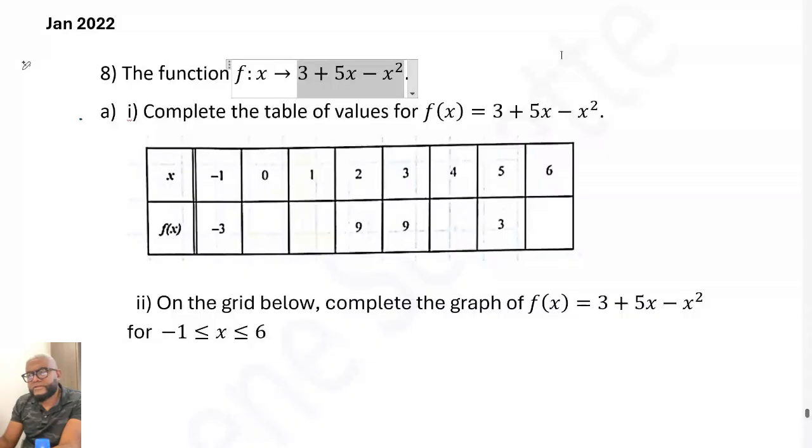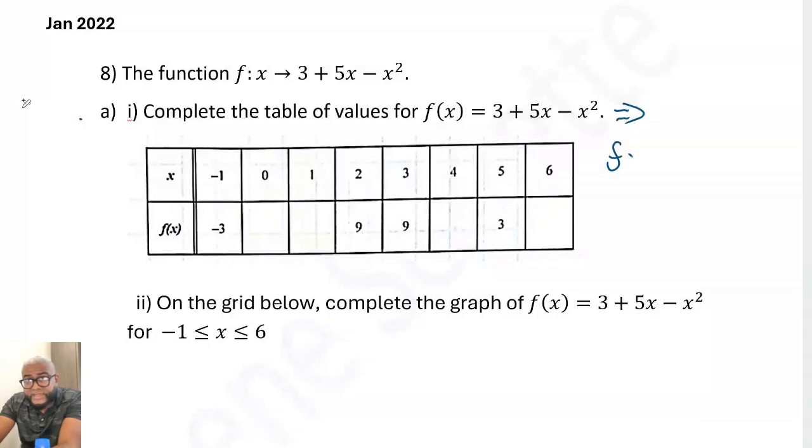So it is a quadratic, but just not in the right form. It's not the right order, right? You could rewrite this. This is the same as writing f of x is equal to, I'm going to put in -x squared first, and then I'm going to put plus 5x, doesn't change position.